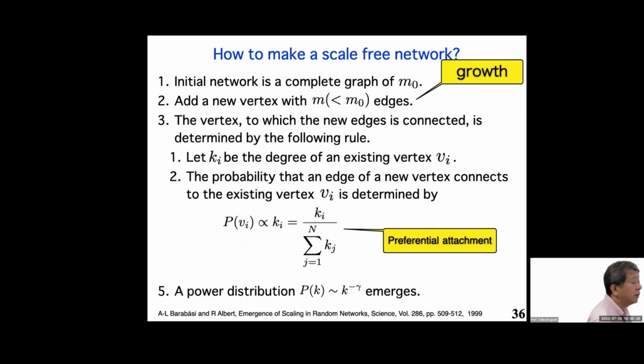To make it a probability, we normalize, dividing k_i by the total sum of the degrees.